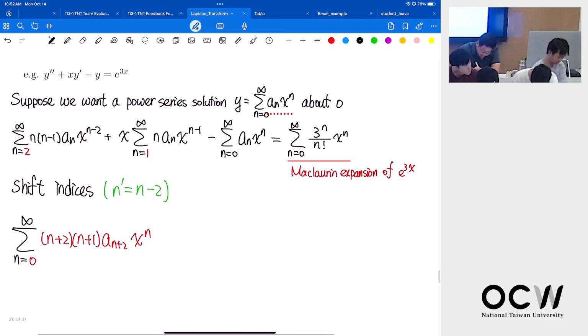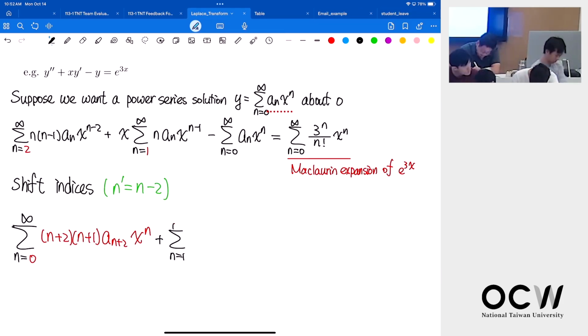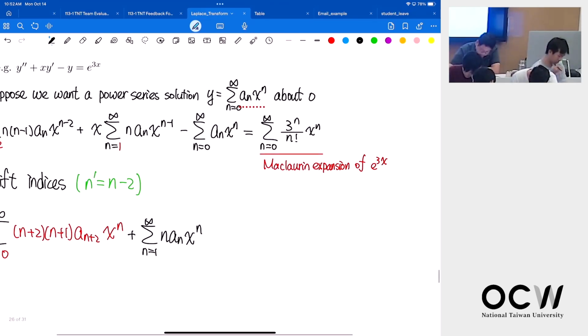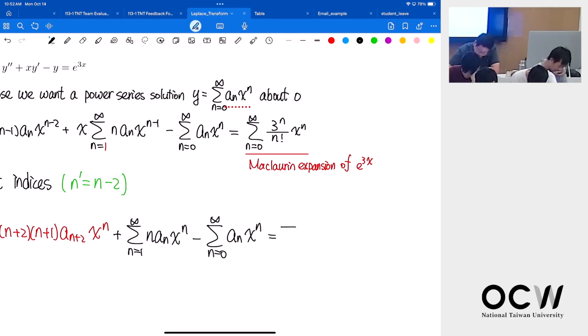And the rest you just copy. So minus the sum of n times a_n times x to the n, minus the sum from n equals 0 to infinity of a_n times x to the n, and the right hand side.